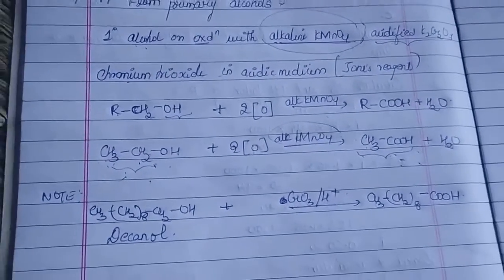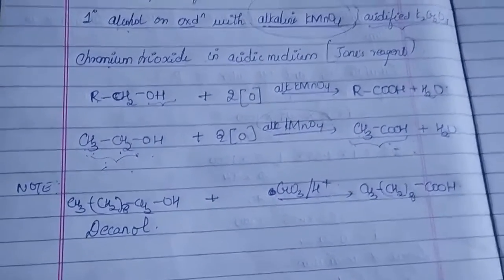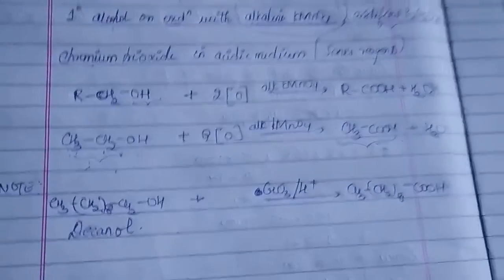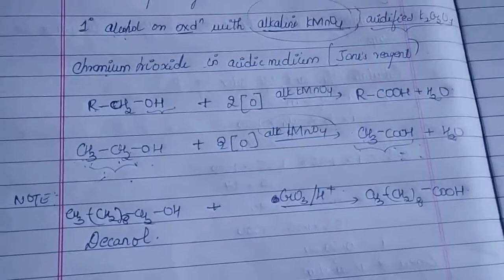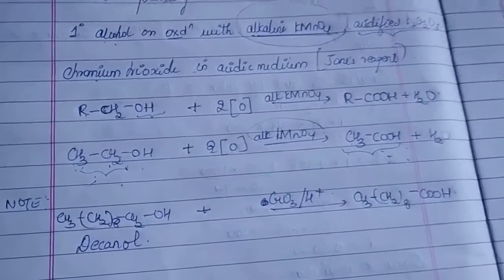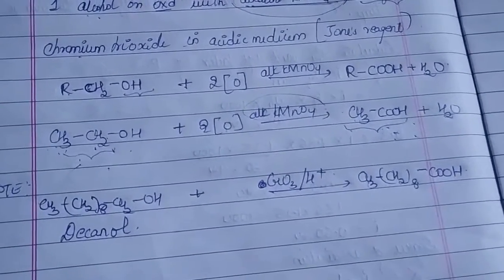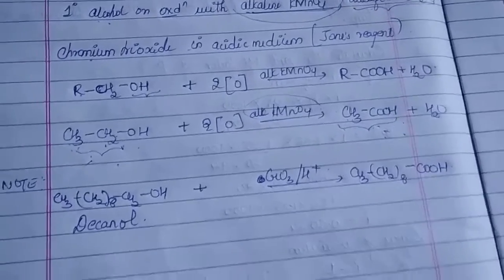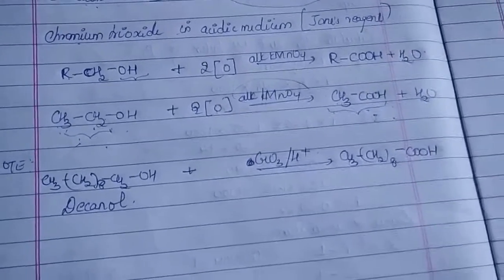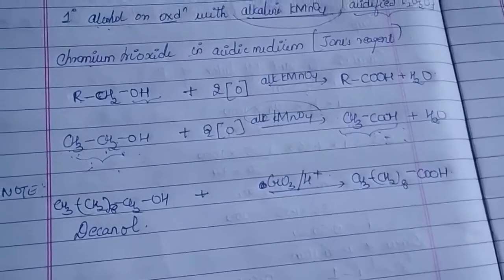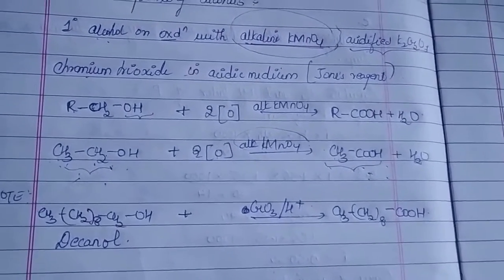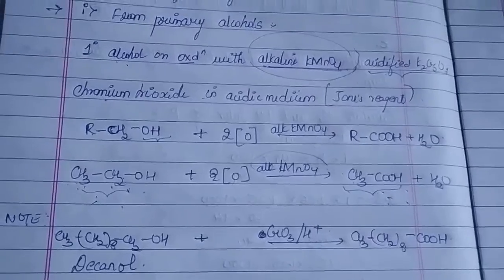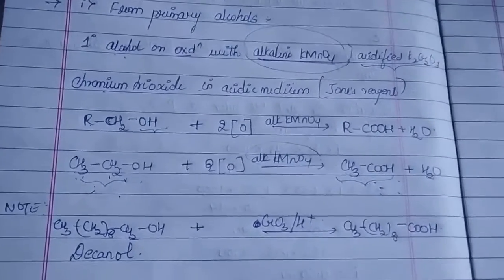Second important point: in case they have given a secondary or a tertiary alcohol and it has been oxidized, of course they are going to give you the acid, but the product will have fewer carbon atoms when compared to the parent alcohol. Is that clear? This was the first important method, which we have dealt with earlier also in the chapter on alcohols. It was a quick revision for you.